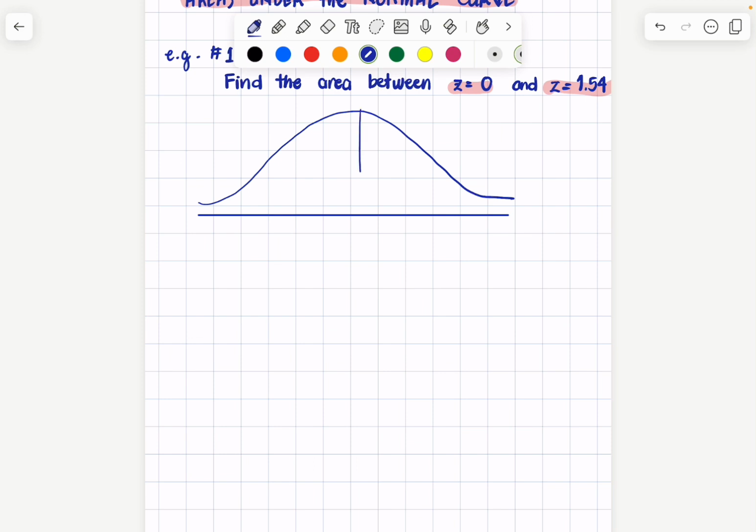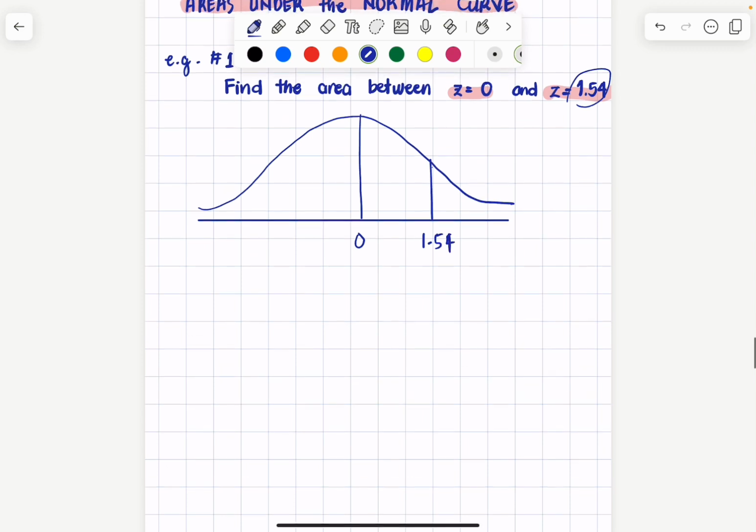So of course, always jud na ang ato ang mean dire kay 0. So asa maning 1.54 ibutang since it is positive, so this is to the right of 0. So this is 1.54. Ang ipangita area between 0 and 1.54. So asa man ang ipangita ni? Of course kani nga part.